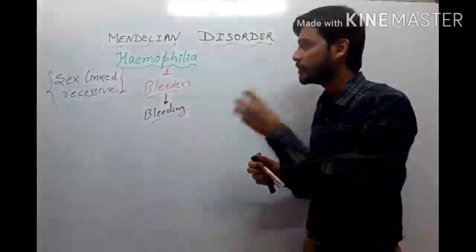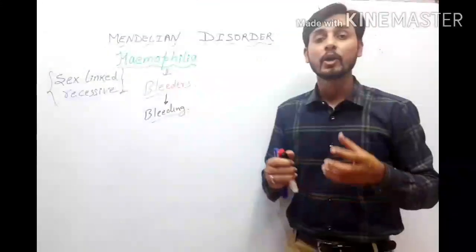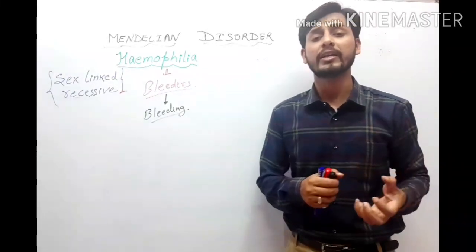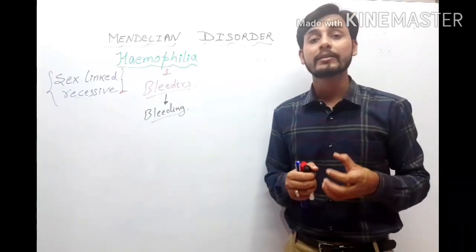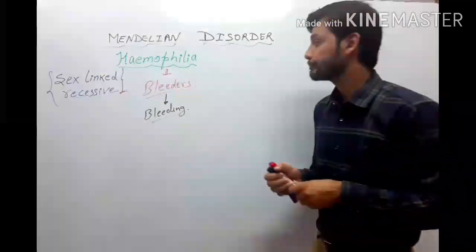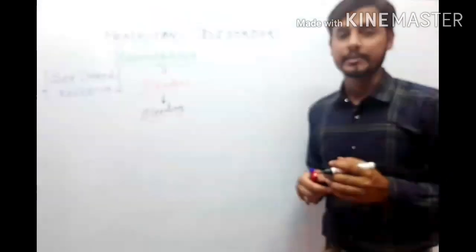If a person is suffering from hemophilia and gets even a small cut, there will be a very large loss of blood from the body, and sometimes this loss is to such a level that it may lead to the death of that particular organism. So therefore it is called bleeder's disease.